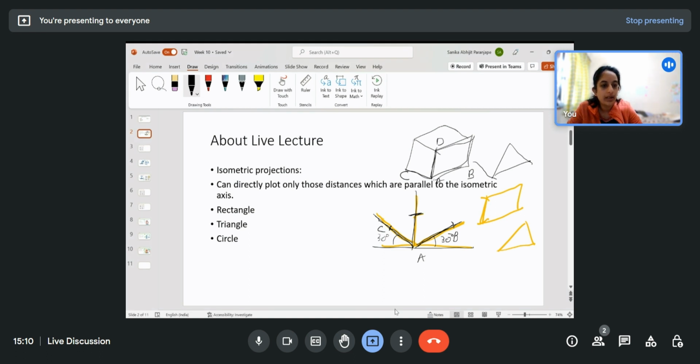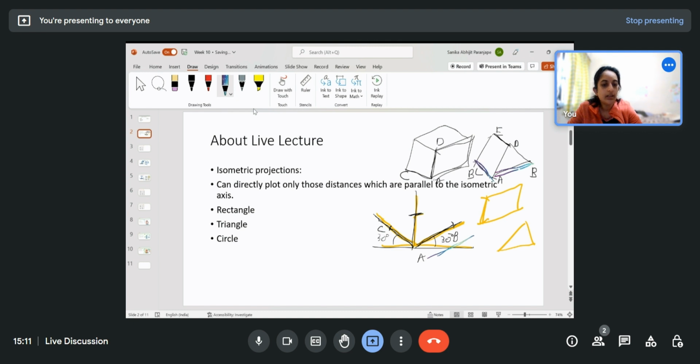In this case, let us name this as A, this as B, this as C, and this as D and E. Now, if you observe, this line will be parallel to maybe this axis.